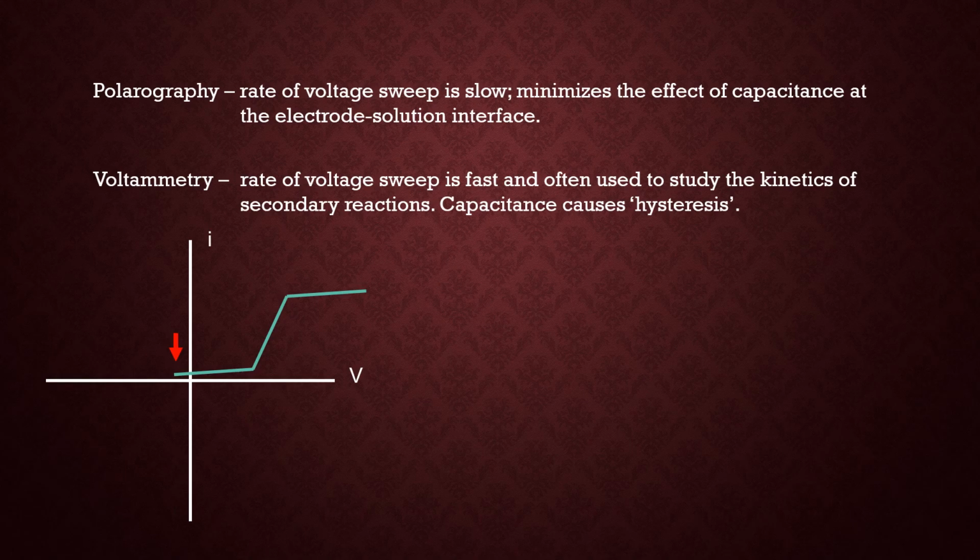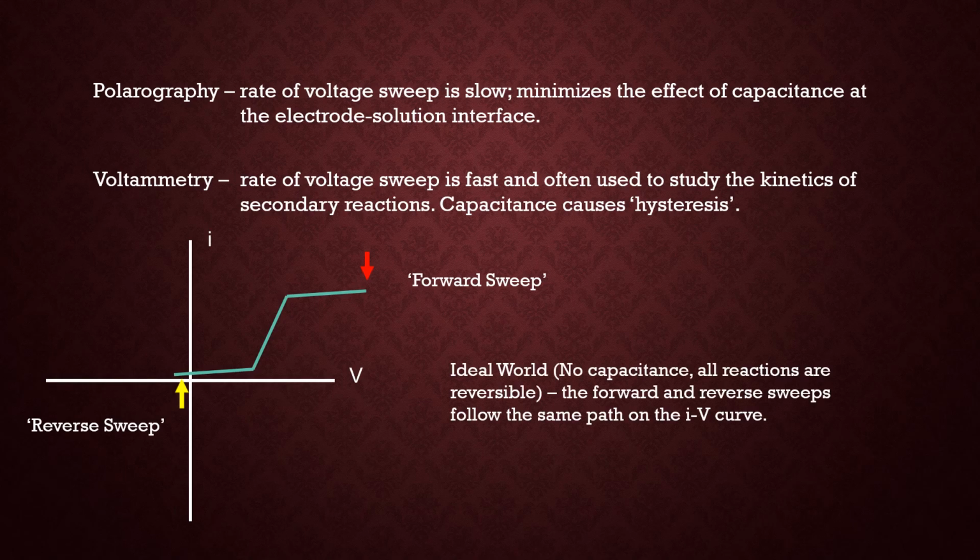When the system is ideal, I'm going to have a forward sweep, sloppily done here, but you get the idea. That goes in one direction. If I have the reverse sweep, again, that waveform with the sloping second part when you return to the beginning, it follows the same path. We call that the reverse sweep. In an ideal world, there's no capacitance effects.